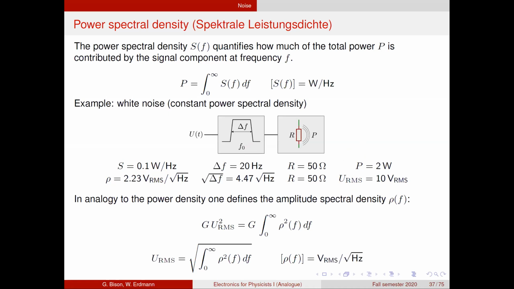So we came up with the equivalent concept, the amplitude spectral density, measured in volts per root hertz. It has strange units because what we in reality want to represent is noise power. Since power is proportional to voltage squared, in all calculations we have to square this value, do the operation, and then take the square root again.